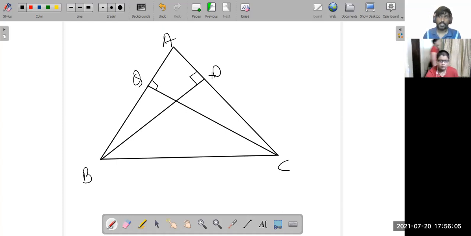Note, CQ and BD are altitudes. If CQ and BD were medians, then those points would become midpoints. But it is not a median. Okay, we'll stop here. You complete those two sums, write them down, and in the next class we'll start a new chapter, the next chapter of geometry.